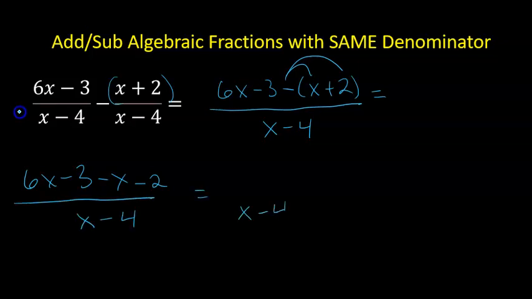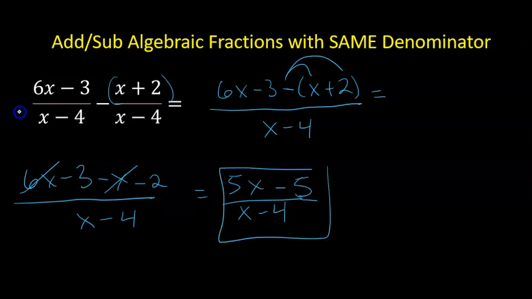I have the same base, so I have 6 minus 1. That gives me 5x. And what about negative 3 minus 2? It gives me negative 5. Okay, cool. This is my final answer.